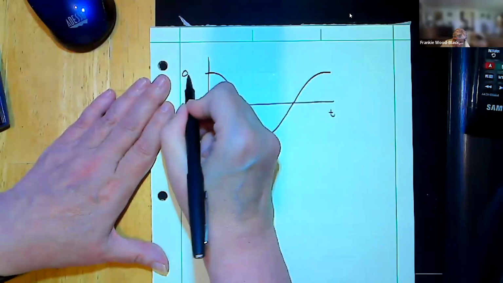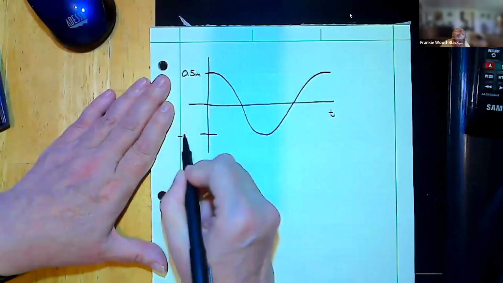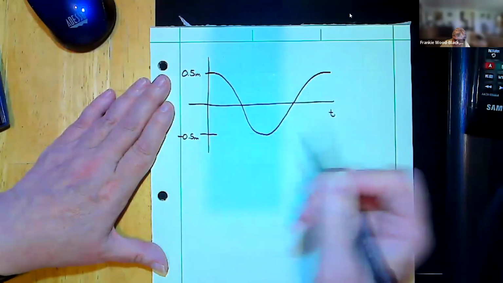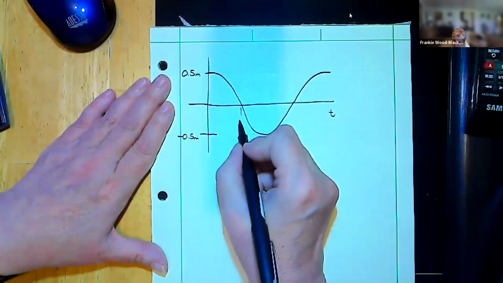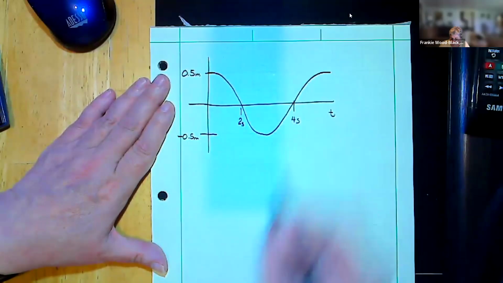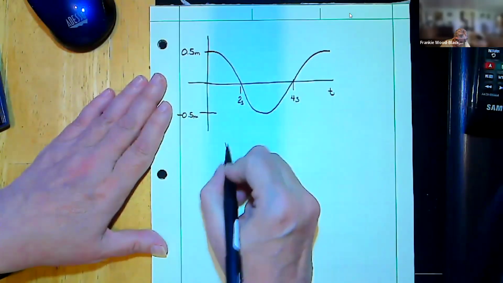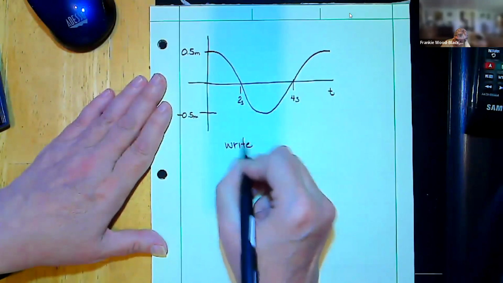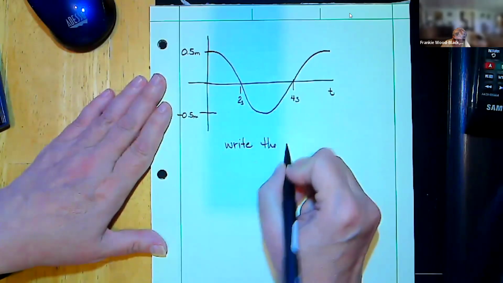This is going to be 0.5 meters. This is minus 0.5 meters. This is going to be 2 seconds. This is going to be 4 seconds. We want to write the position equation.